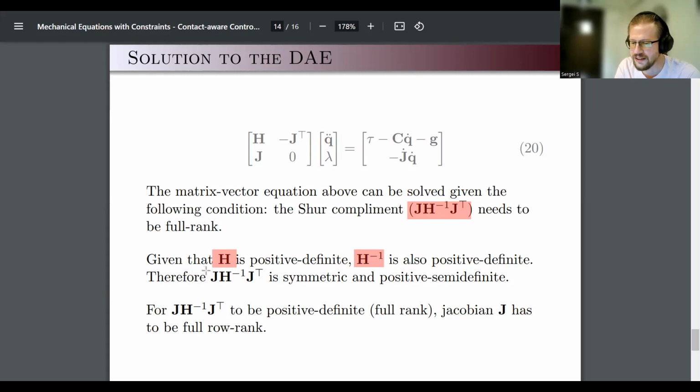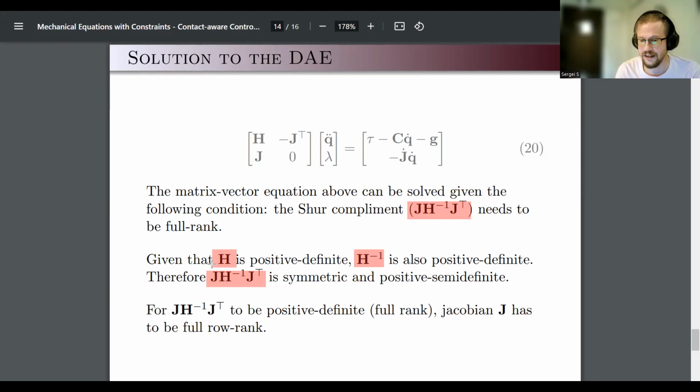Now, this is a congruence transformation of a positive definite matrix. Congruence means we multiply the matrix by a matrix on the right-hand side and its transpose on the left-hand side. However, it's not a perfect congruence transformation because J is not full rank. If J was full rank, it would have been a congruence transformation, and it would have proven that the result is also positive definite. But it is not, because J is in general usually a wide matrix.